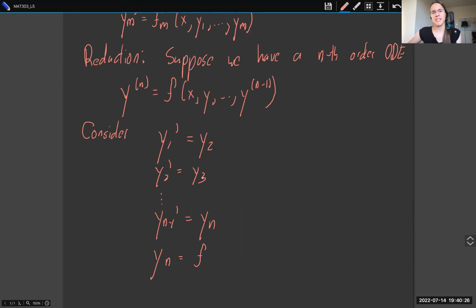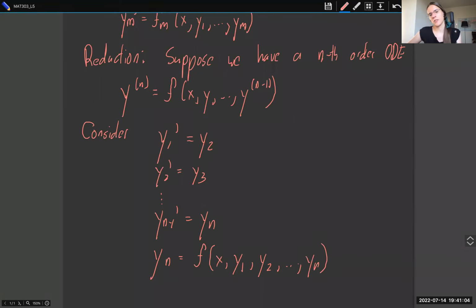And now we have expressions for what all of the derivatives are. So f depends on x. It depends on y1. Then it depends on y1 prime, which is y2. And then it depends all the way up to the n minus first derivative, which is going to be yn.